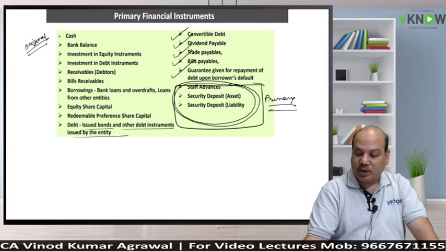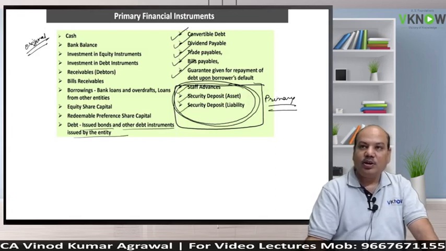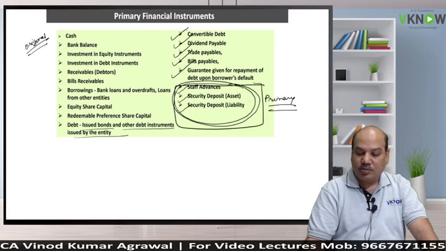Even that is primary instrument. And then staff advances, security deposit, liability. These are called primary instrument.